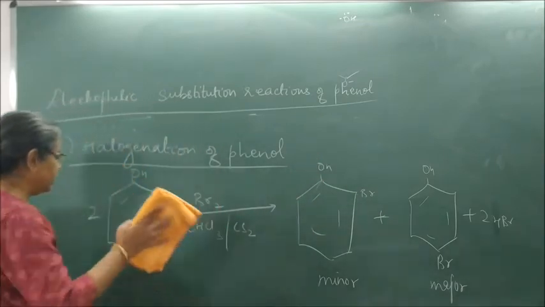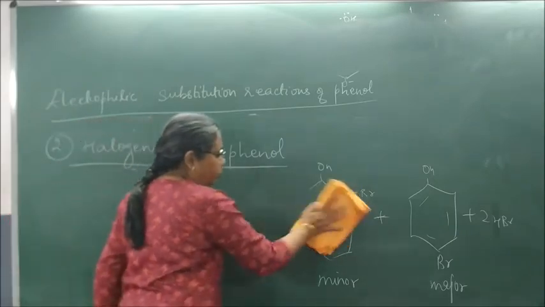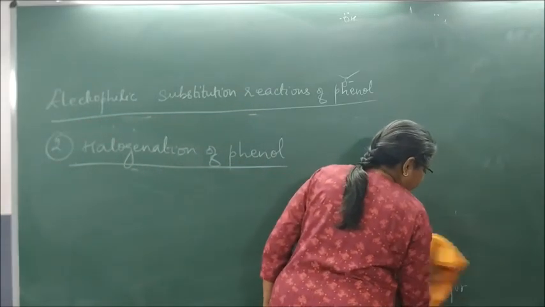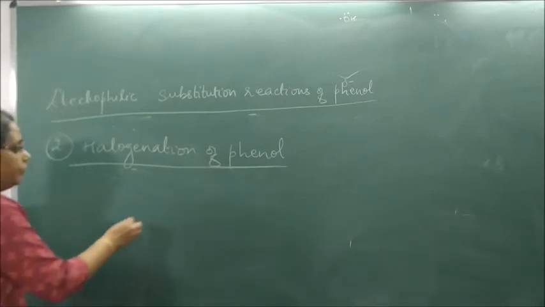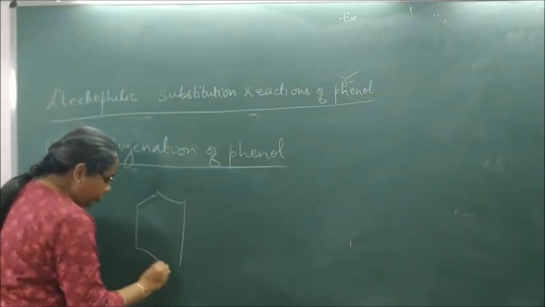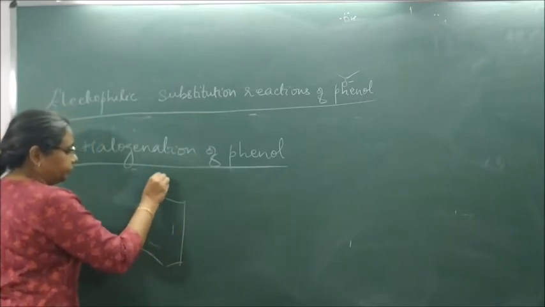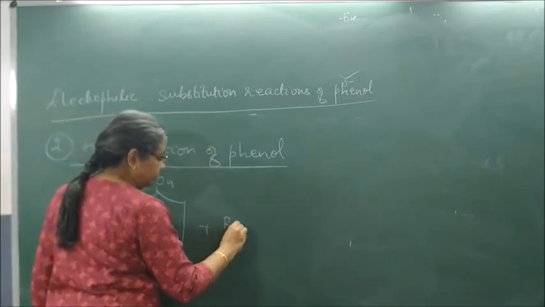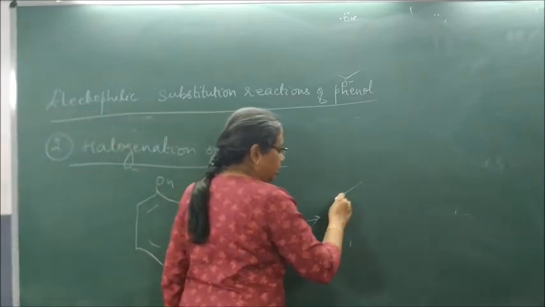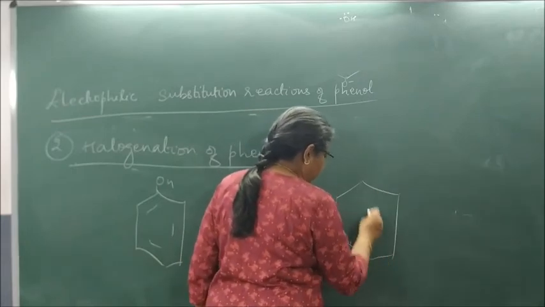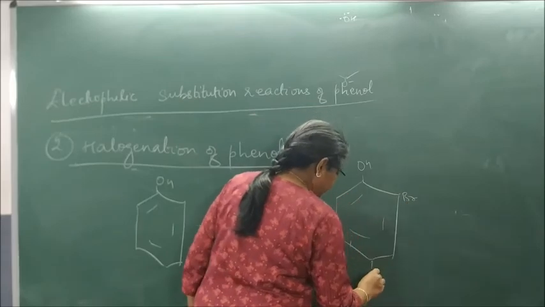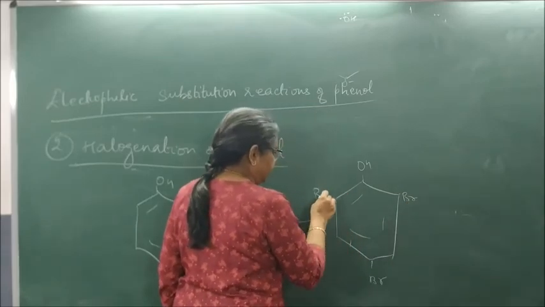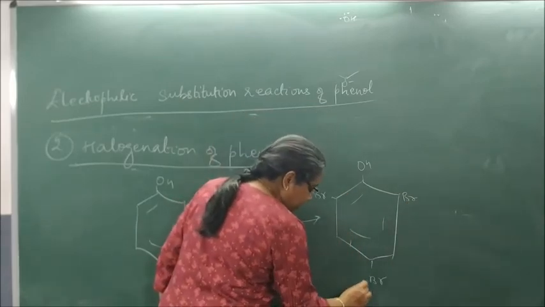Now let us react phenol with bromine water. Phenol with bromine in presence of chloroform gives mono substitution. Phenol directly with bromine water will give what? 2,4,6-tribromophenol. This is what in color?